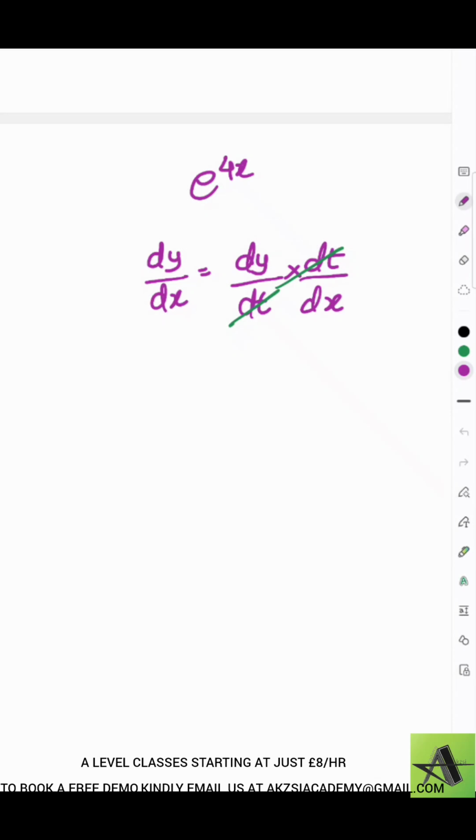But if we try to convert that into a known formula, how can we do that? If I assume that t is equal to 4x, then y will become e to the power of t.